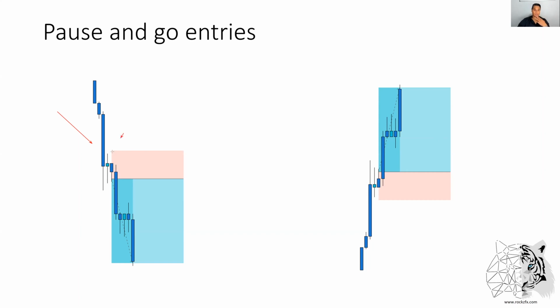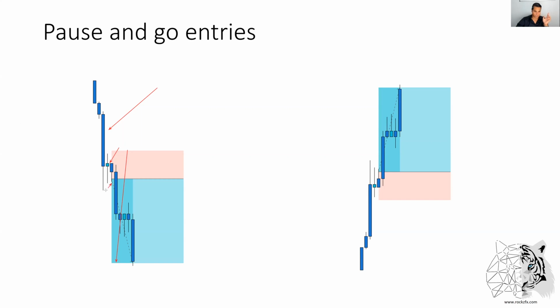So this level was created. This is where your stop loss will be above. And then it will go down after this candle, or it will give you one more candle. Now notice here, guys, with this, I do not care about the color of these candles, whether it's bullish or bearish. I am only going off the process of what's happening in the behavior, which is momentum, pause, go.